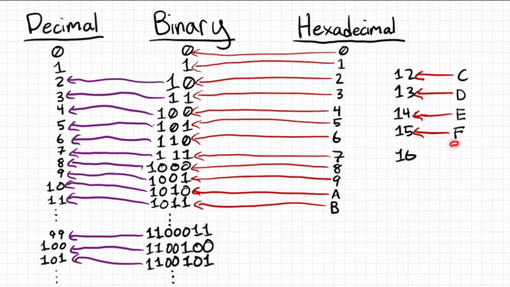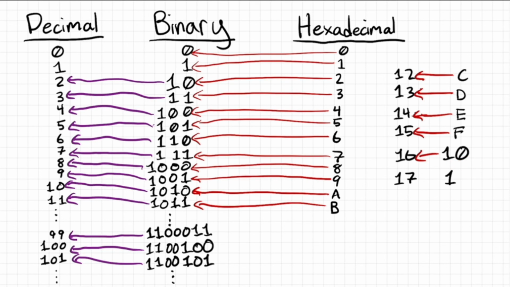But what happens here when we run out of digits? Well, as in the case of binary, when we ran out of digits here, or in decimal, where we ran out of digits here, we are going to add a digit place, so a 1 here, and then we are going to reset the digit places to the right. So we have 1, 0, that is going to represent 16, and then if we wanted to do, say, 17, that would be 1, and we would again start incrementing from here.